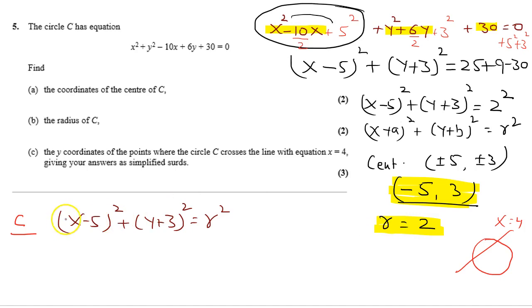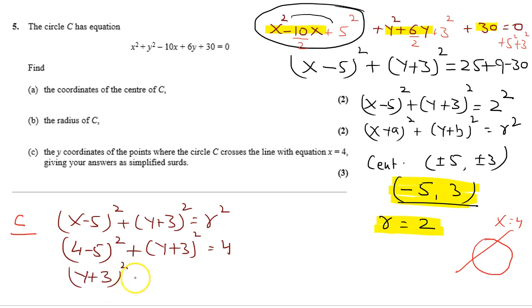Circle is crossing x is equal to 4. So this is 4 minus 5 square plus y plus 3 square, and r square is 4. So y plus 3 square is equal to 4 minus 1, which is 3. So y is equal to plus minus root 3 minus 3. So this is the y coordinate.